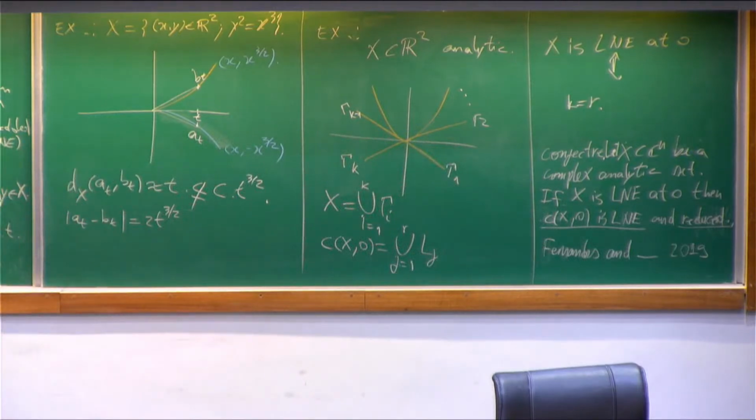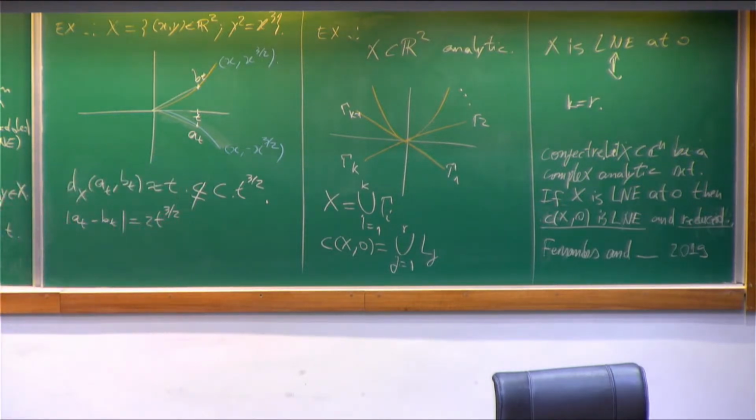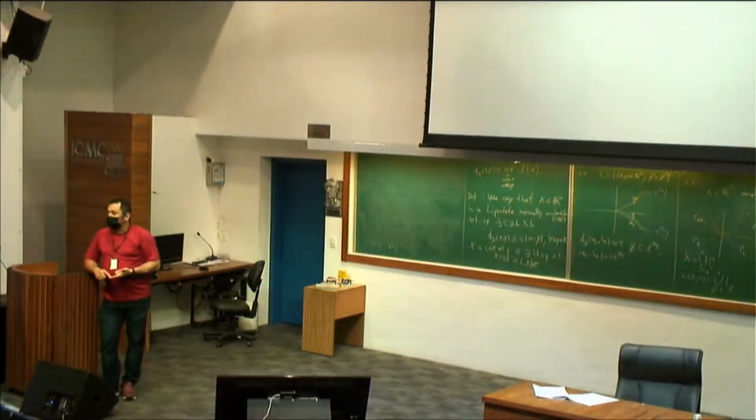Okay. I don't have much time now. In fact, I would like to say some words about some properties, but you can read in the notes. I will only say some other properties of LNE sets. For example, if you have a compact set which is locally LNE, that means LNE at each point of it, then the set is LNE.